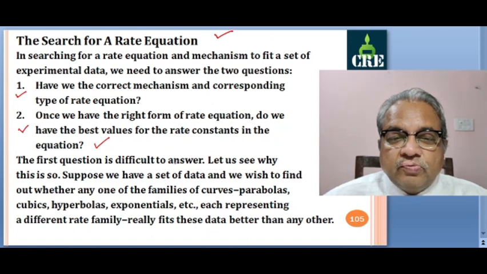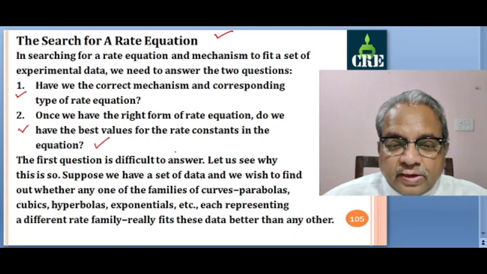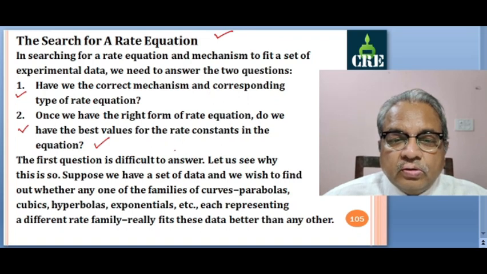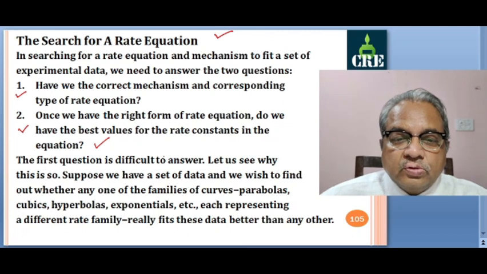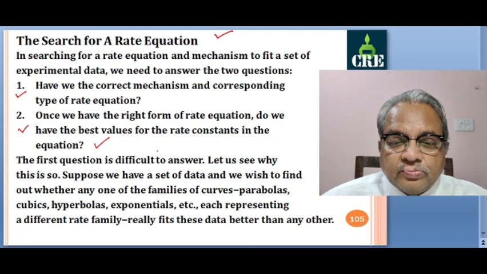The first question is difficult to answer. In absence of data and proper analysis of data, we don't know whether we have a correct mechanism, a correct rate law, whatever we guess or whatever we are provided with. It's not easy to answer.